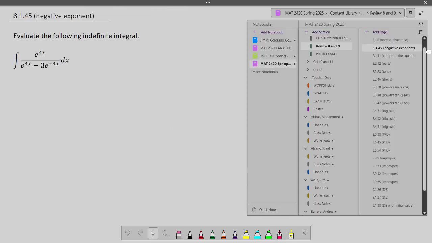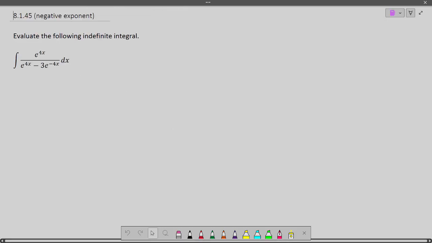Let's go to an integral with negative exponents. So the trick, if you will, is to eliminate negative exponents, and there's a few ways you can do it. The simplest way is to multiply by 1. 1 is our magic bullet. If we multiply by 1 in the correct form, that's usually the simplest way.